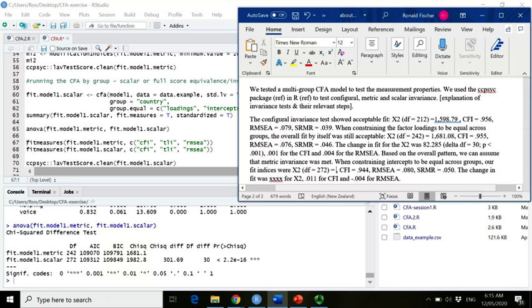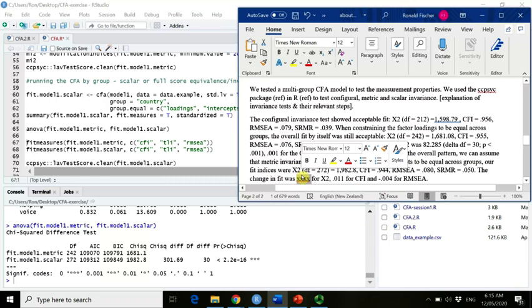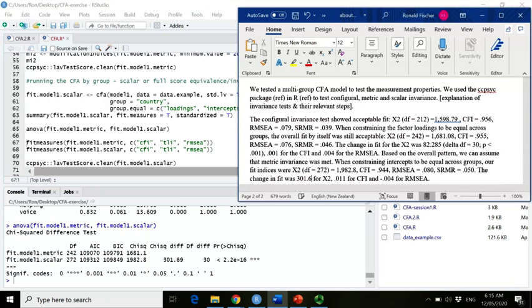The chi-square itself is 982.8. And then we need also the difference in chi-square. The change in fit was 301.69. And we need, of course, also the change in degrees of freedom. Delta is the sign for change. Again, it's 30 for chi-square 0.01.